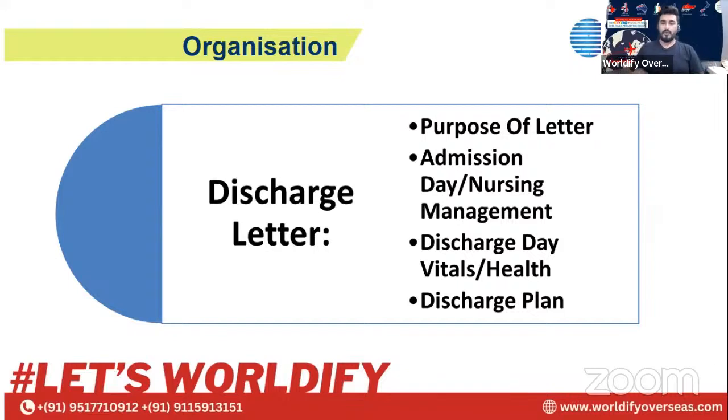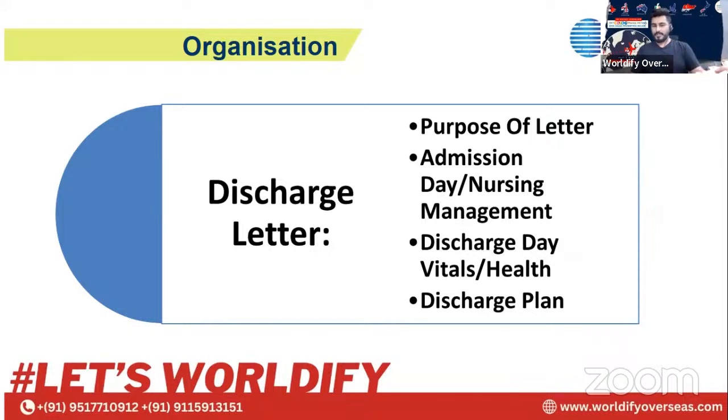So you don't have to talk about all the old problems or the ongoing medicine regime, because the nurse would already know it. You only have to talk about what happened in the hospital and the admission day. So this is the organization here.